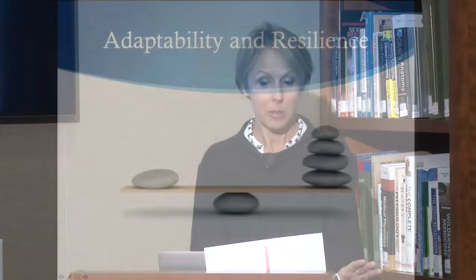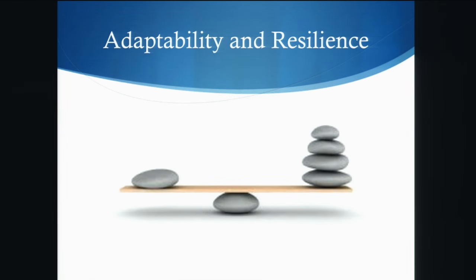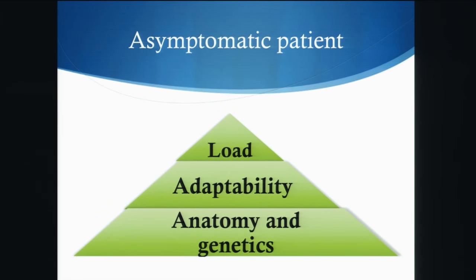And it's very difficult because there are so many variables. But the one thing that has been studied right now is adaptability and resilience. Adaptability is genetically determined, but it's the ability of our body to heal itself.